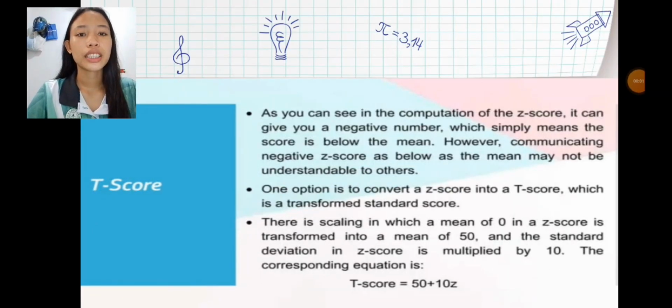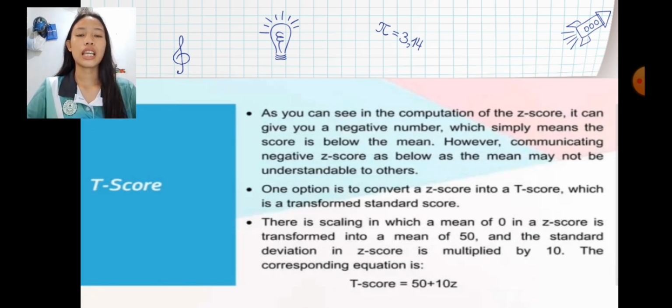Now we have the t-score. As you can see in the computation of the z-score, it can give you a negative number, which simply means the score is below the mean. However, communicating a negative z-score as below the mean may not be understandable to others. So one option is to convert a z-score into a t-score, which is a transformed standard score.